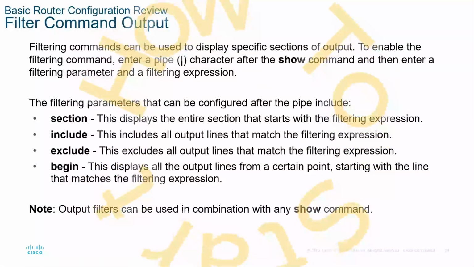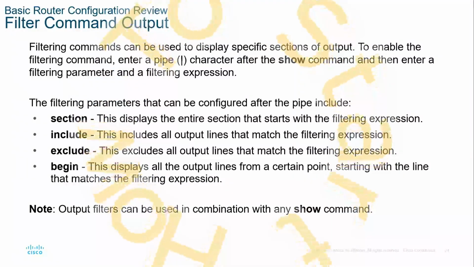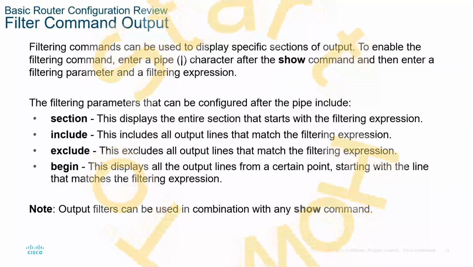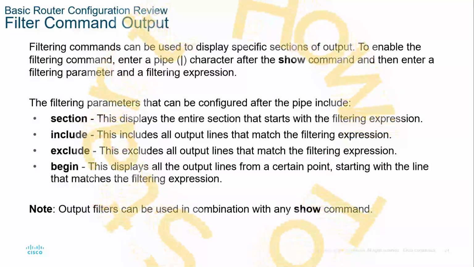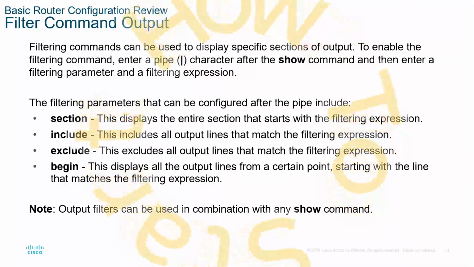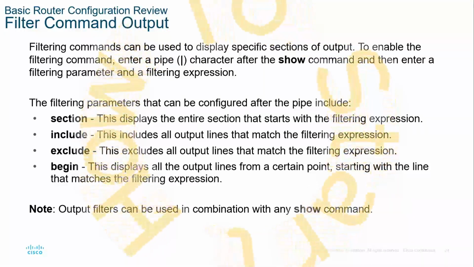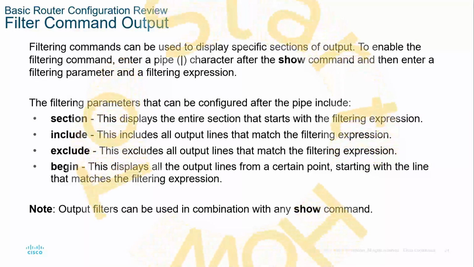We can filter the commands with a pipe, which is above Enter, and we have the ability to include one of these 4 additional commands: section, include, exclude, or begin. Begin will display the output starting with the line that matches the filtered expression.